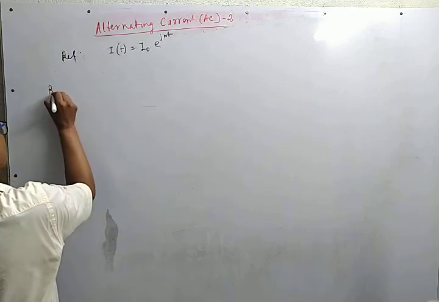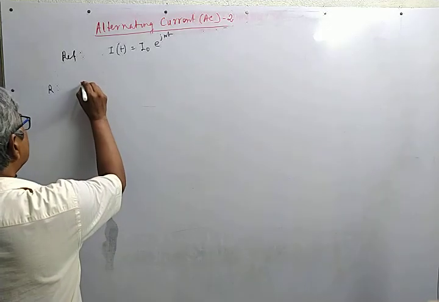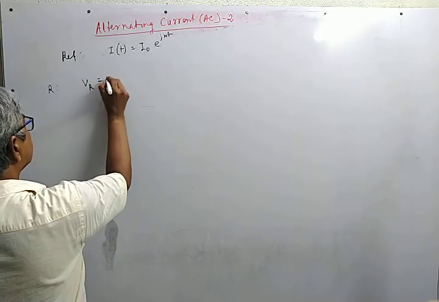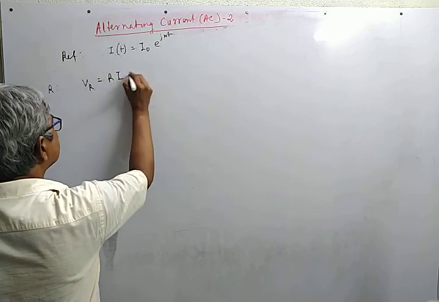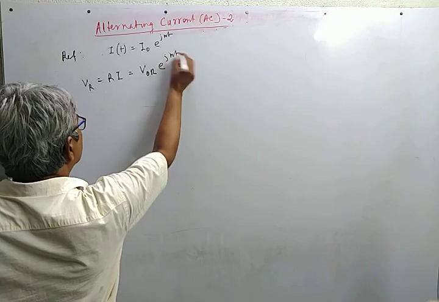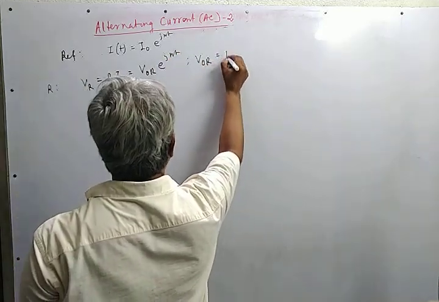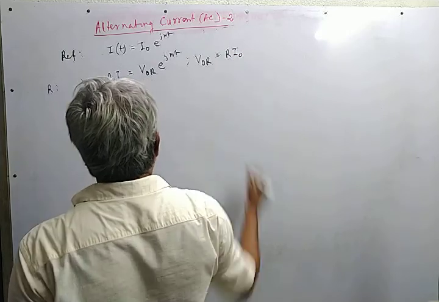Now for R, since I is being supplied, our objective is to find out the corresponding voltage. So VR, simple relation, VR is equal to R times I. This is equal to V0R e to the power j omega t, where V0R is equal to R times I0.